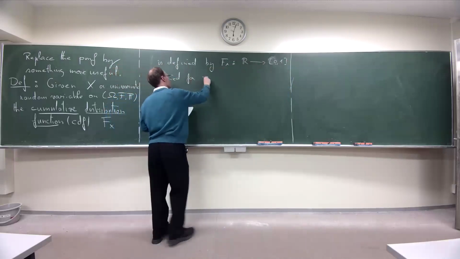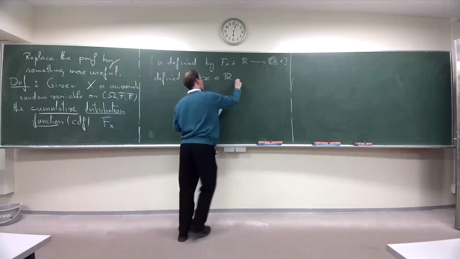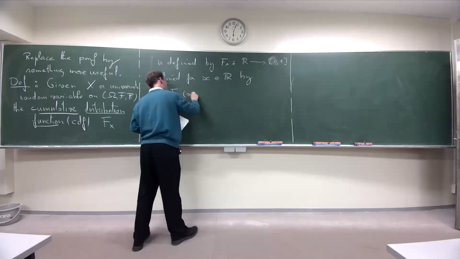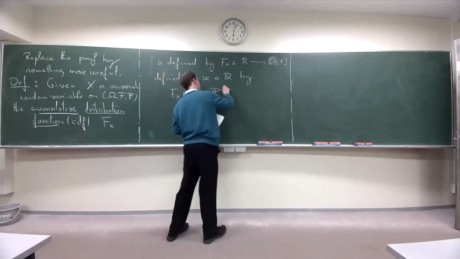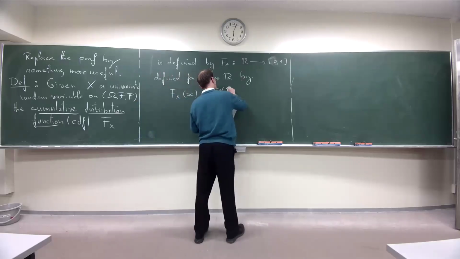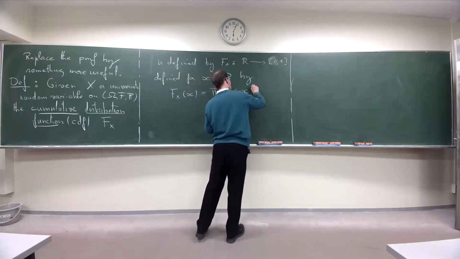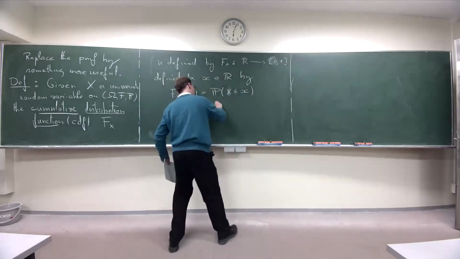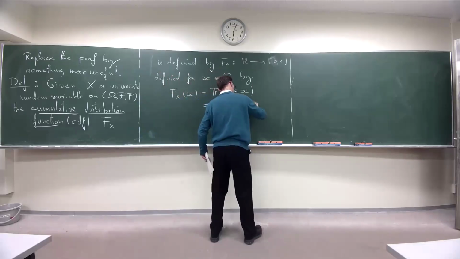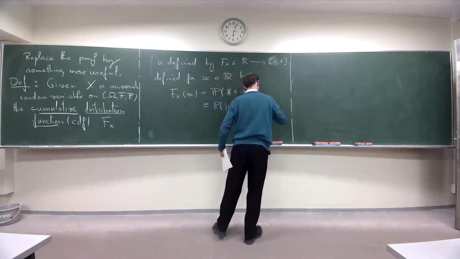For x, any number, F_X at small x is simply the probability of X smaller or equal to x, which is the same as the measure of the set of omega so that X of omega is smaller or equal to x.